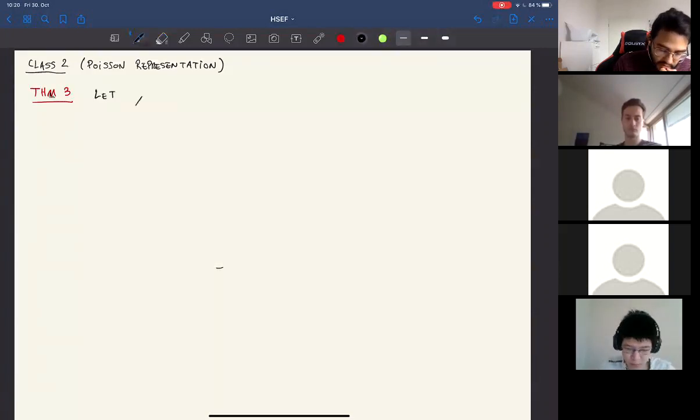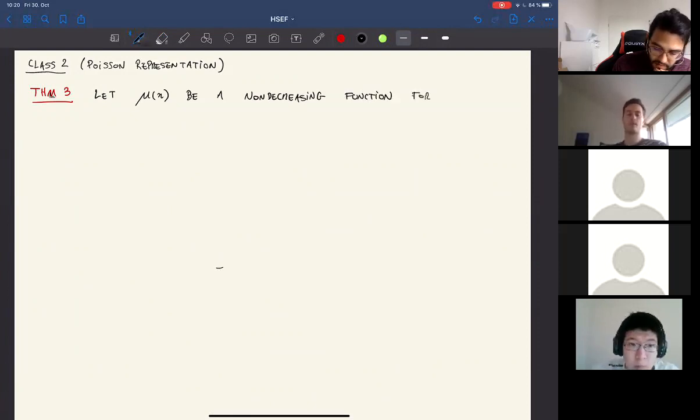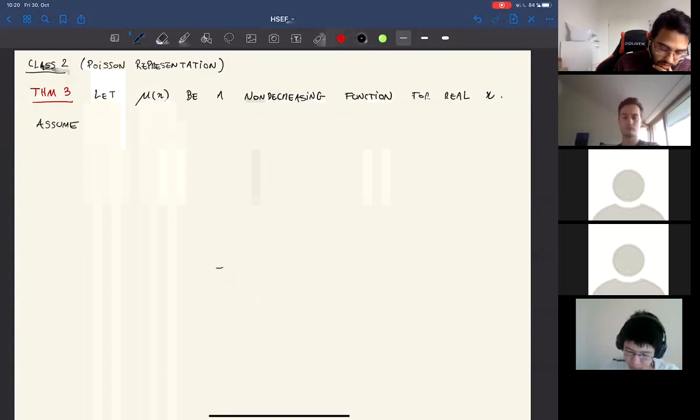So let mu of x be a non-decreasing function of real x. And then we assume a certain decay condition, which we will see several times in this class.